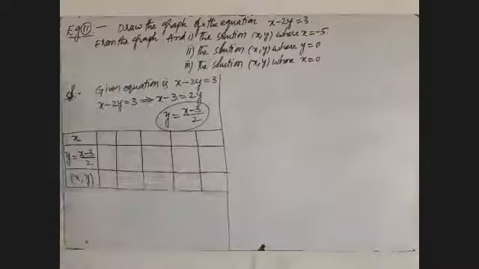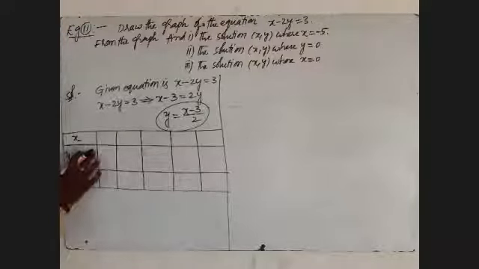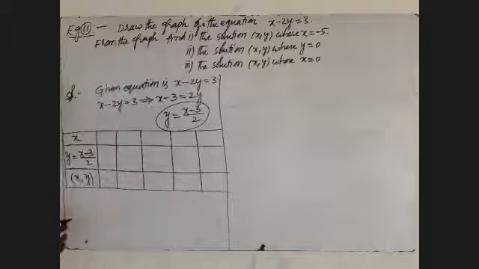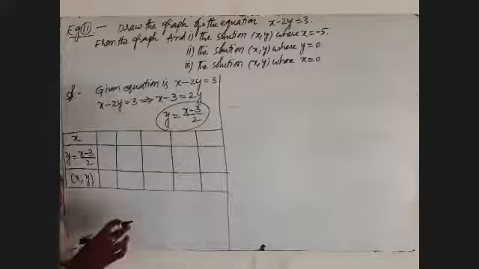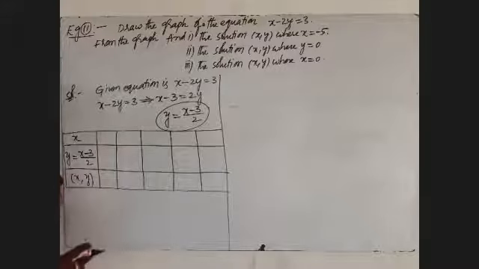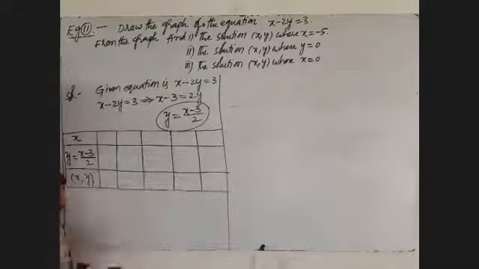We will observe. First, let x is equal to 0. 0 minus 3 by 2 is equal to minus 3 by 2, which is minus 1.5. We do not take decimal values, only whole positive or negative values in this graph.